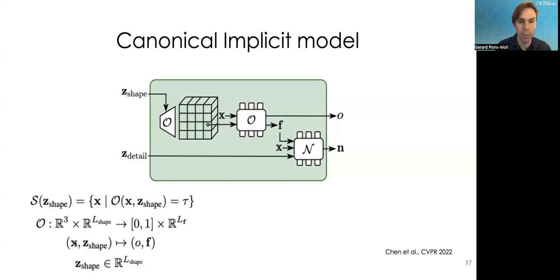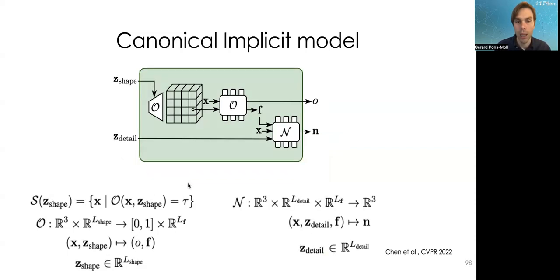We have this occupancy map, which takes the input point and the latent code Z and produces the occupancy as well as a feature. This latent code is of dimension L shape, which controls the overall rough shape of the human, and Z detail would be another code that models these details that are baked into the normals.